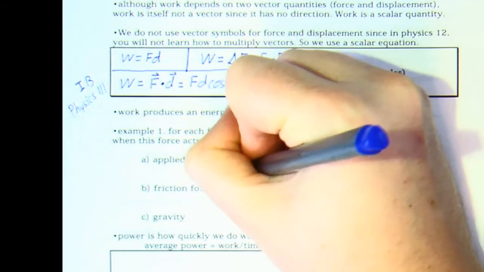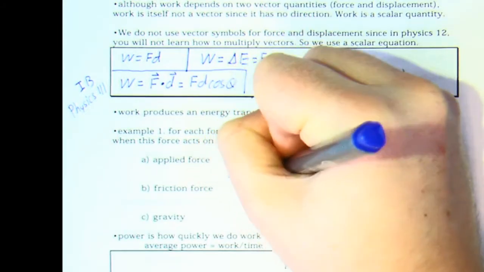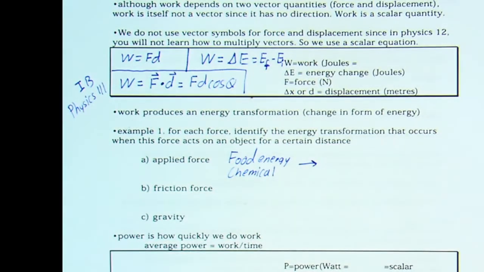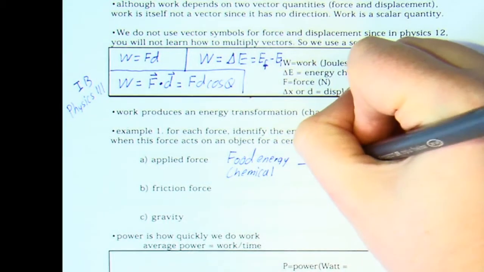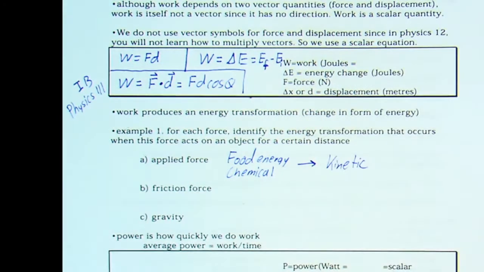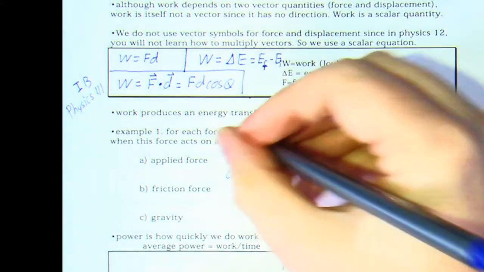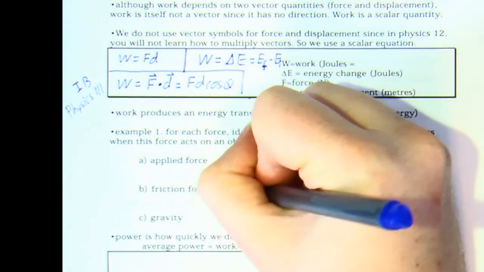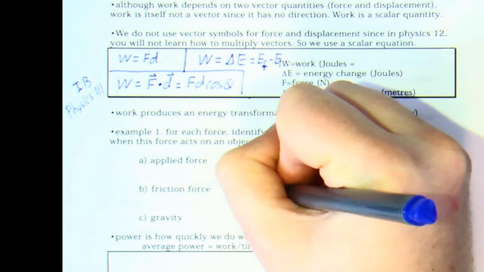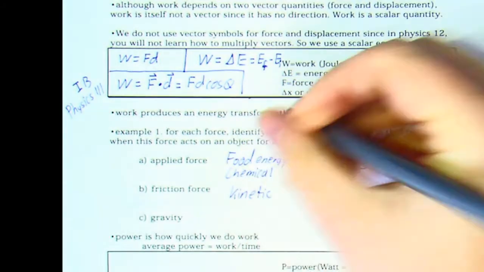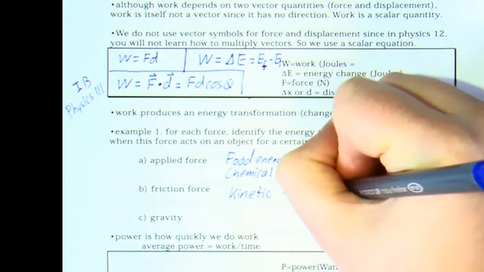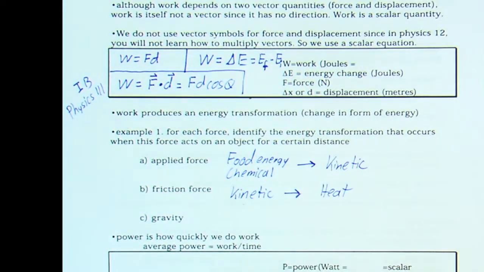Well, the form there is chemical energy. And by applying a force, you turn food energy into kinetic energy. Or perhaps friction acts on a moving object, taking kinetic energy and generating heat. Heat is another form of energy.